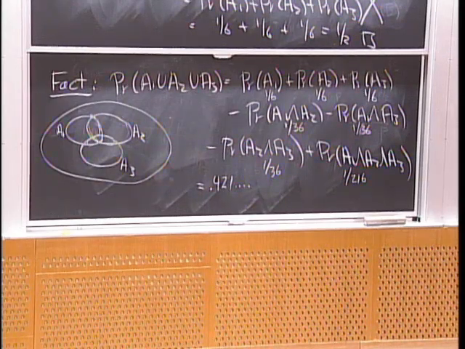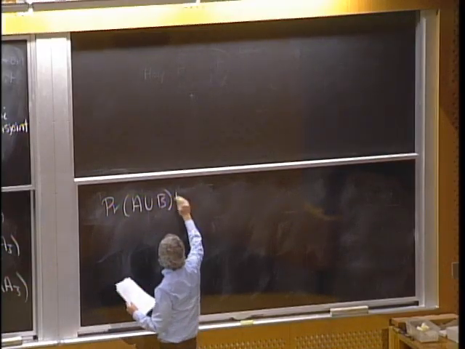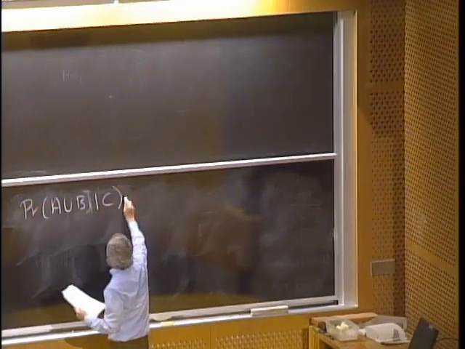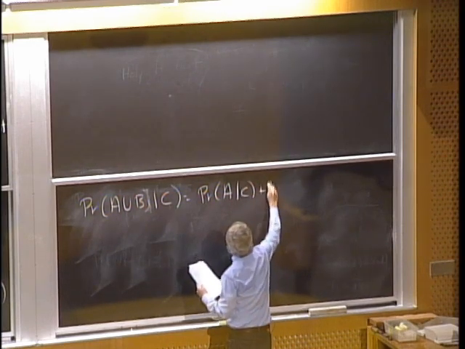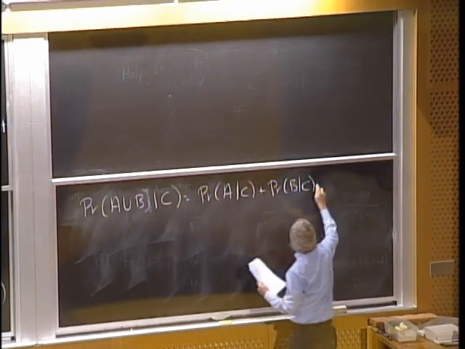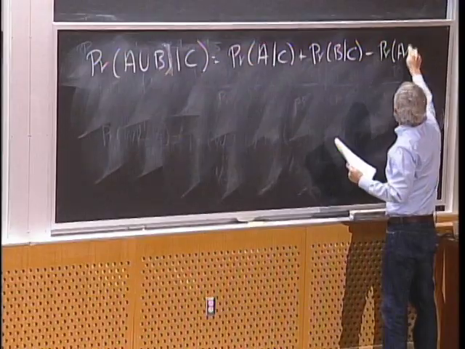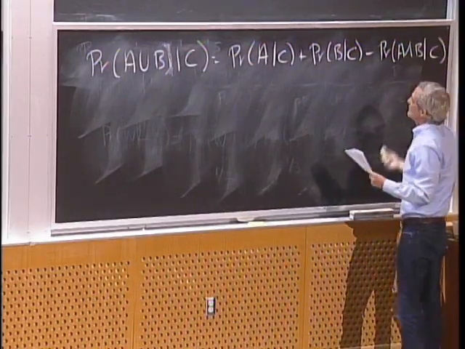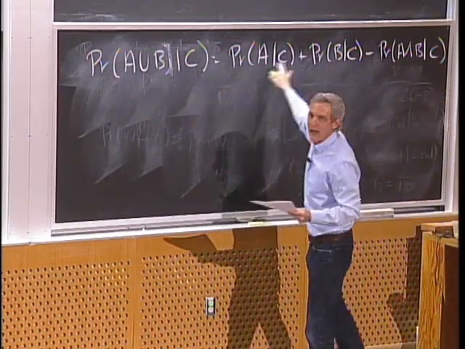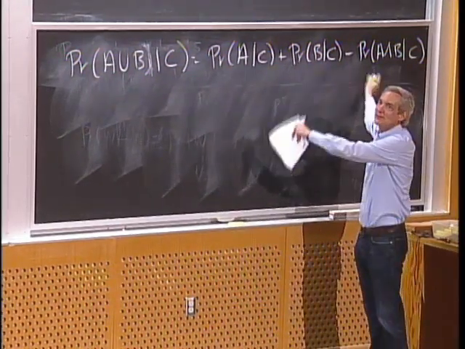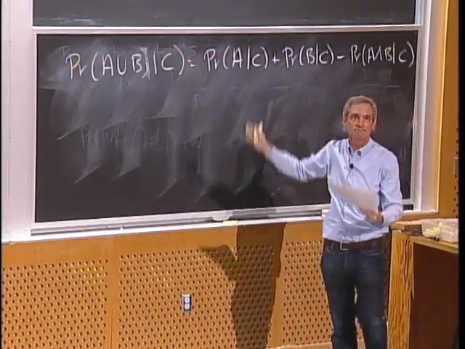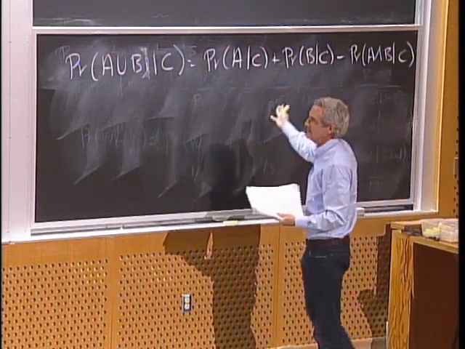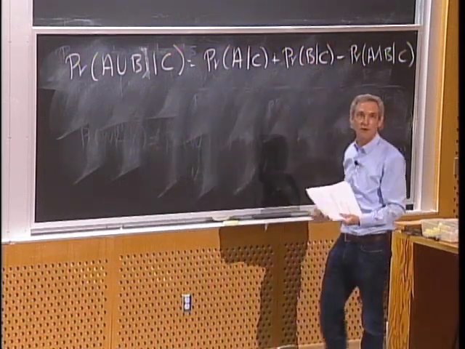For example, this is true: the probability of A union B given C is the probability of A given C plus the probability of B given C minus the probability of A intersect B given C. In other words, take any probability rule you have and condition everything on an event C, and it still works. All right? And the proof is not hard. You can go through each individual law, but it all comes out fine.